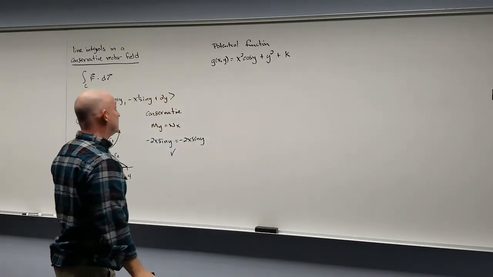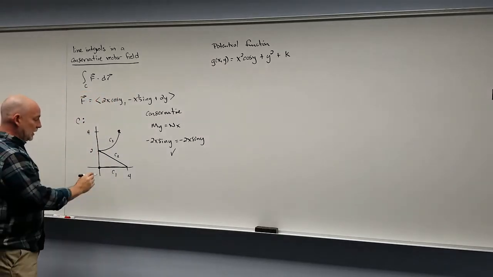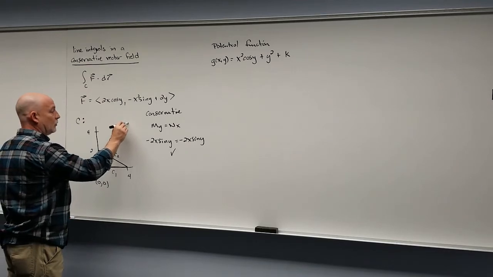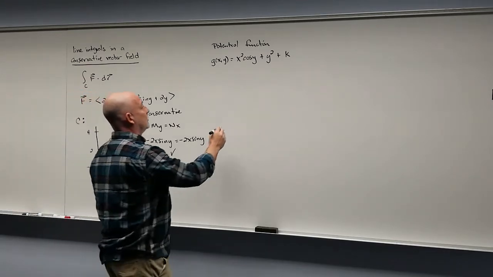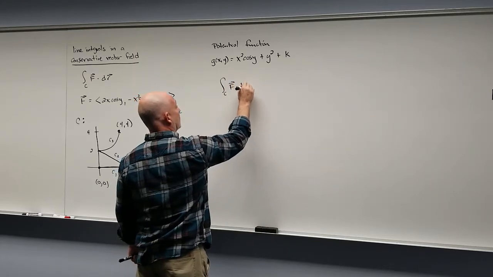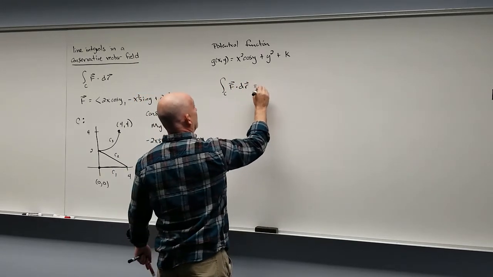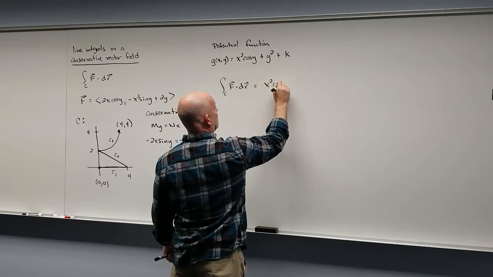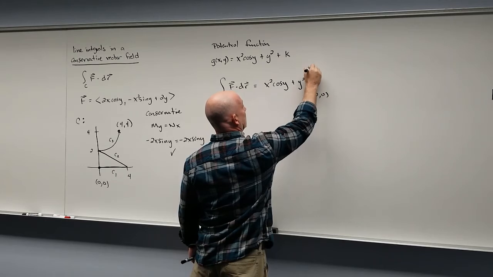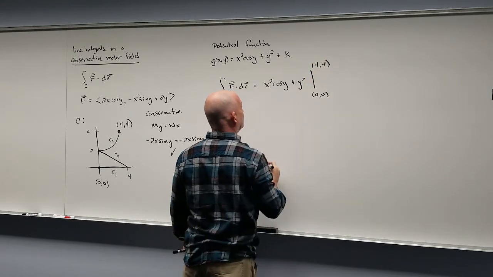So all we have to do, if we want to find the value of this, is we're going from the point 0, 0 to the point 4, 4. So the value of this, the integral of f dot dr, where that's defined to be our path, is going to be x squared cosine y plus y squared evaluated from 0, 0 to 4, 4.